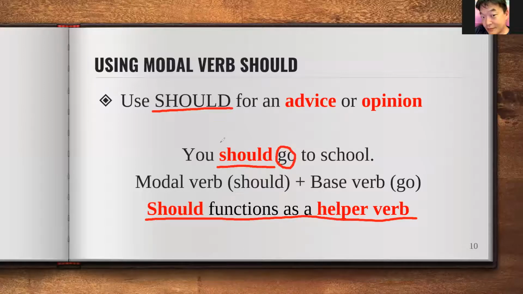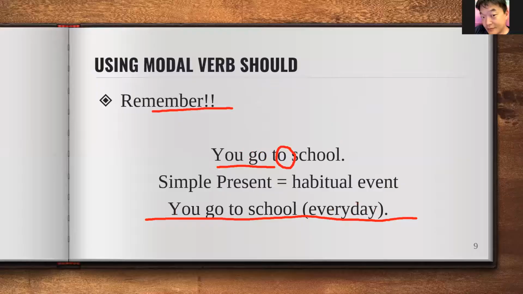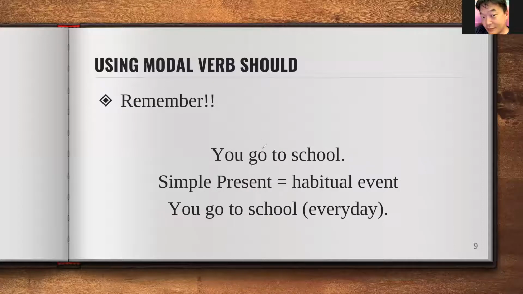Remember, let's go back a little bit because I want this to be very clear. When you have simple present, you just have one verb here, right? This is simple present. When you have to change this to negative form or to interrogative form, what happens here?